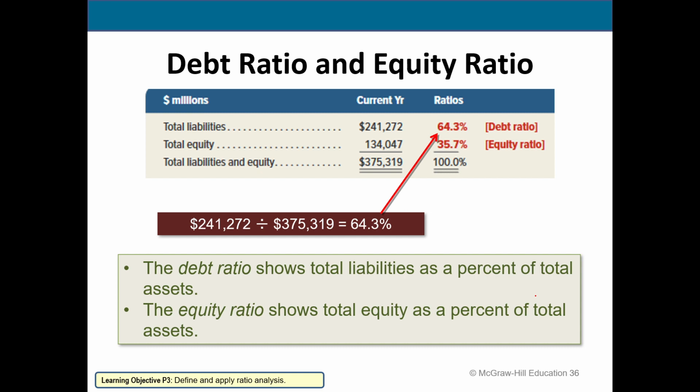So in this case, what we're saying is that 64% is financed by debt, and almost 38% is financed with capital, with equity. We need to make sure that we're not highly leveraged, that our operations are not run heavily with debt. That's something we need to keep an eye on. We need to compare with previous years. Is this increasing, decreasing, and how does it compare with other companies in the industry?